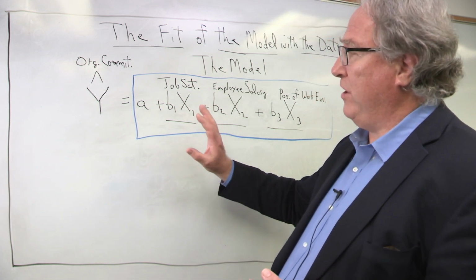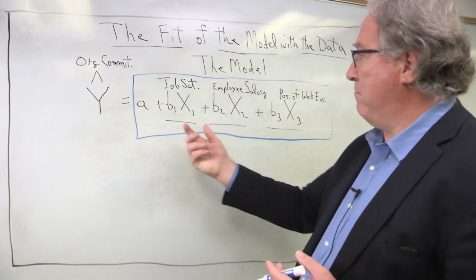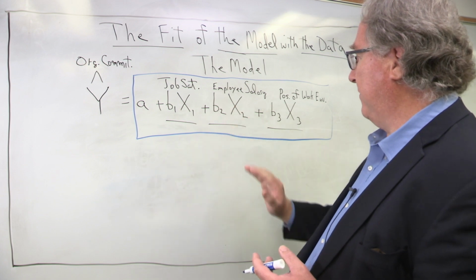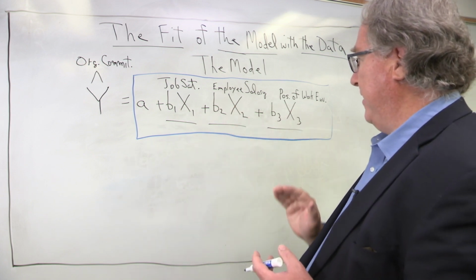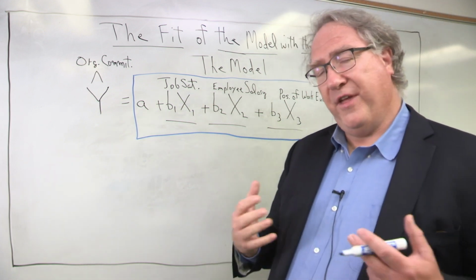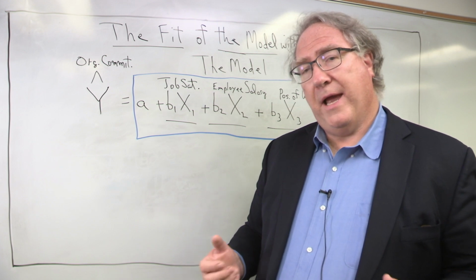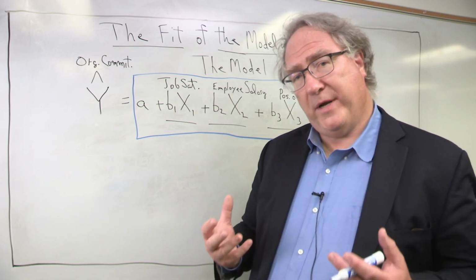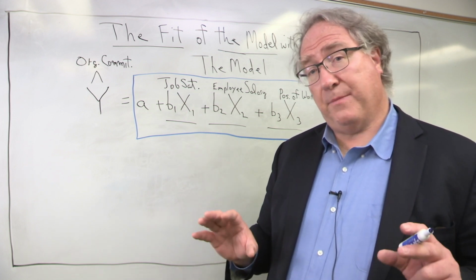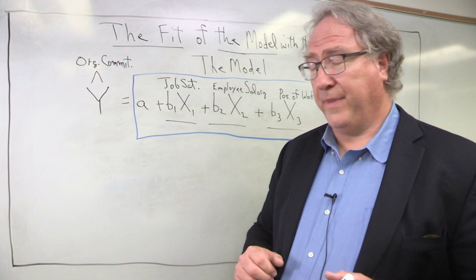And how I want you to think about the regression equation and the model in particular, so this particular set of predictor variables that are being tested, is to think of the regression equation and the model as being applied to each participant in your sample.